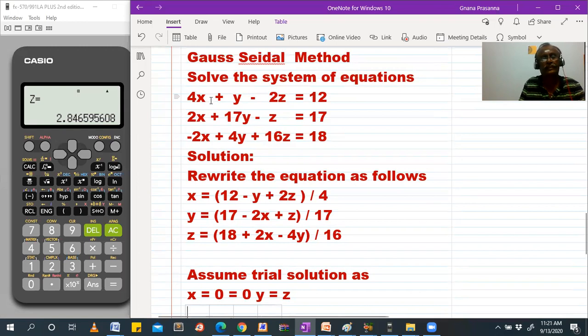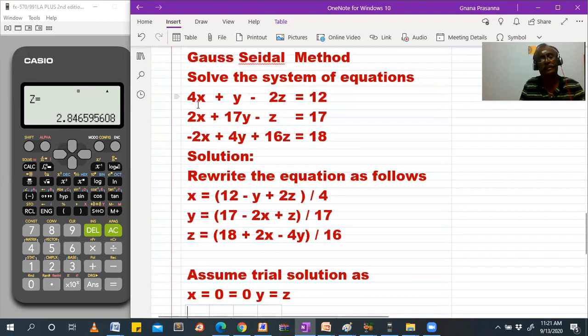Solve the system of equations 4x plus y minus 2z equal to 12, 2x plus 17y minus z equal to 17, minus 2x plus 4y plus 16z equal to 18. For any iterative method of solving simultaneous equations, first we have to ensure that it is diagonally dominant.